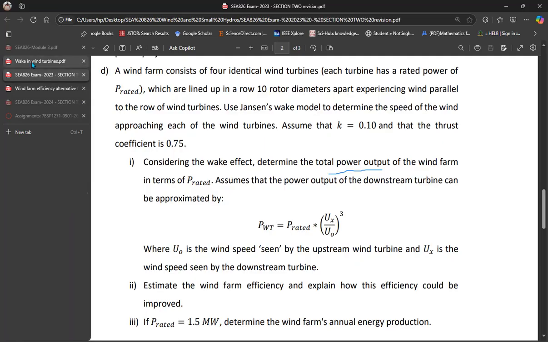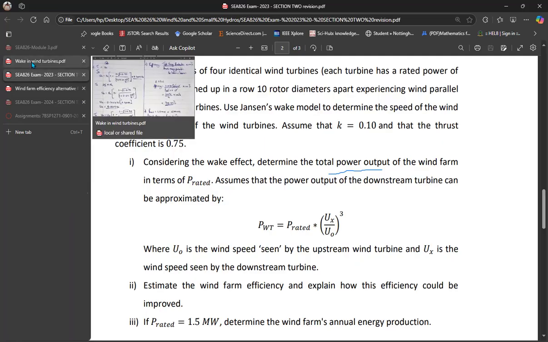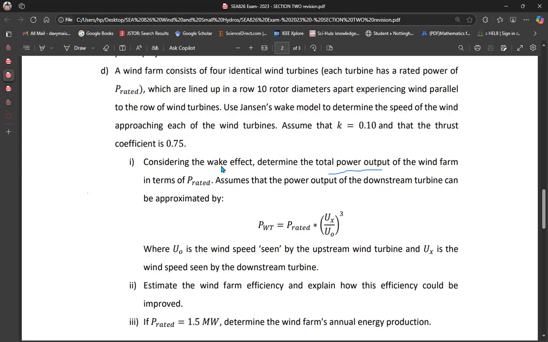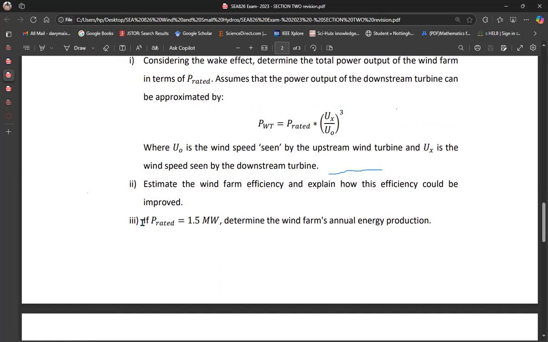And we can proceed. We had another question. We now have the wind efficiency in Roman 2, according to the question. Now we go to the last part, where we are being given P rated, the value in megawatts, 1.5 megawatts. We are told to determine the wind farm's annual energy production.